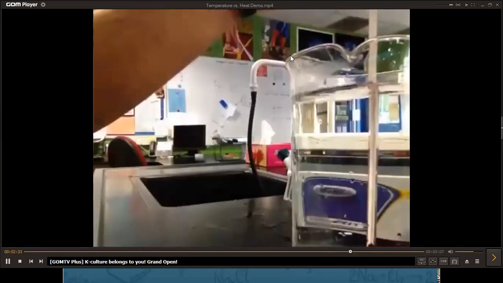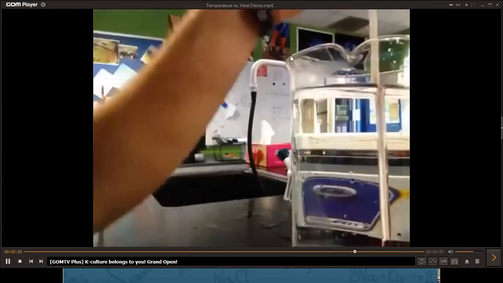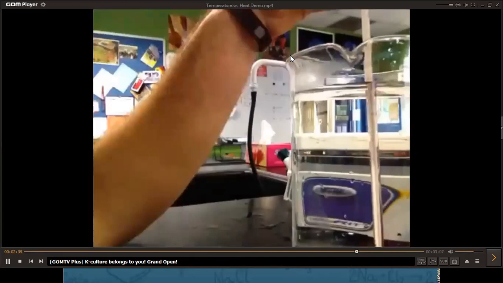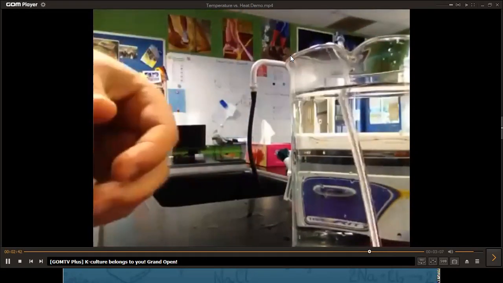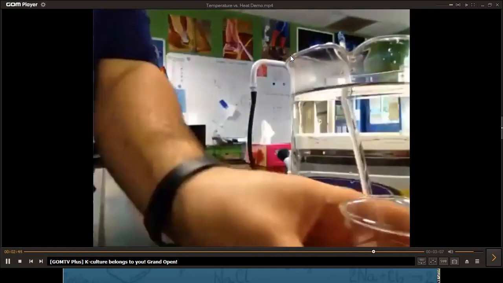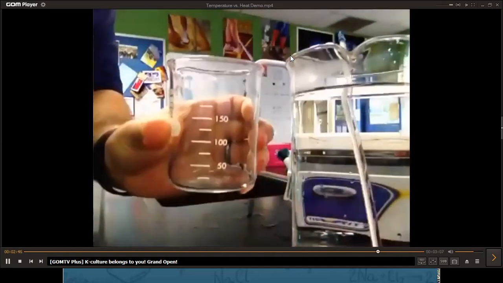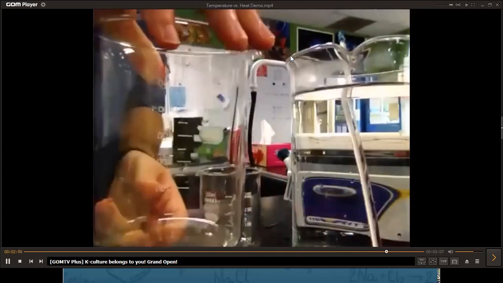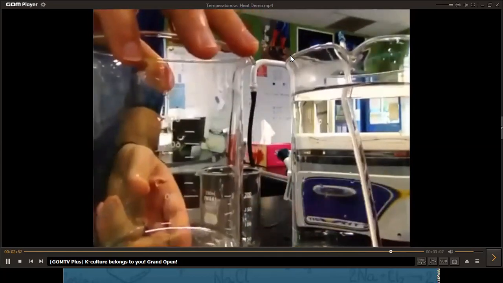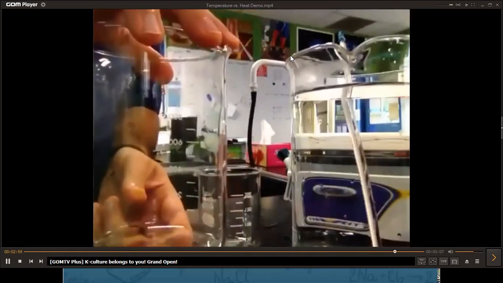Its temperature is just below 40. So, even though I added a much higher temperature of a smaller volume, the bigger impact was made by the larger volume at a smaller temperature.